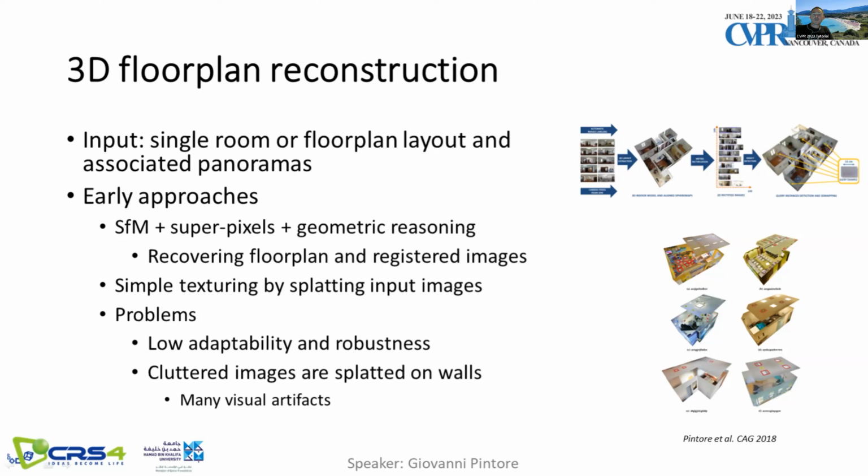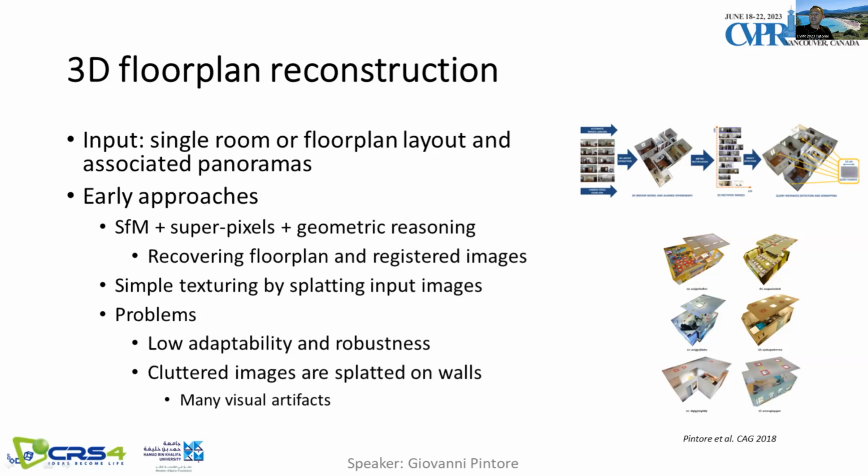However, as you can see in the example here in the figure, if you are going to texturize just this way, such solutions have low domain adaptability and robustness, because they are hybrid or even without data-driven support and depend on heuristic priors and thresholds.